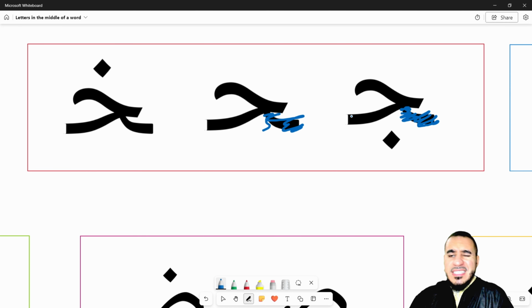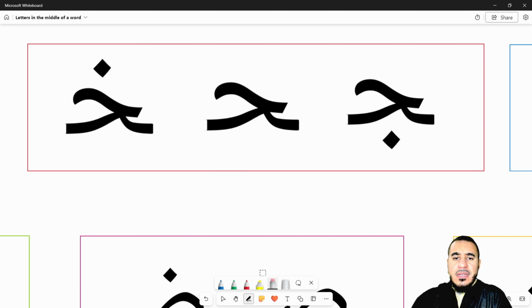So it's exactly the same as when it appears at the start, except for this little tail that comes at the beginning of the letter. And why is that tail at the beginning of the letters? It is so that it can attach to the letter that came before it and the letter that comes after it.